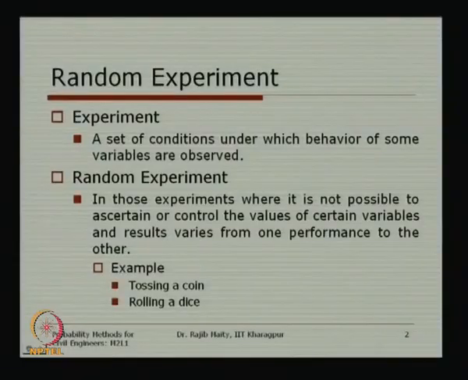So this kind of example, that is tossing of a coin and similarly rolling of a dice, where I cannot say the particular outcome from that experiment, then the outcome of that experiment becomes random, and this kind of experiment is known as a random experiment.